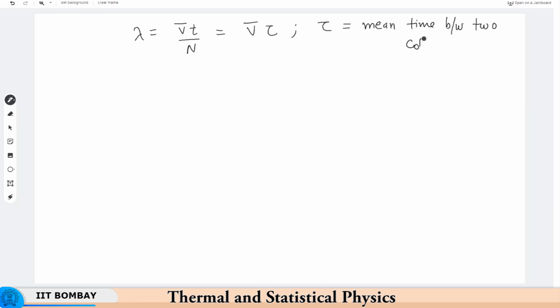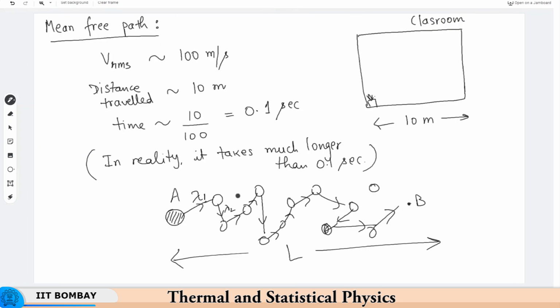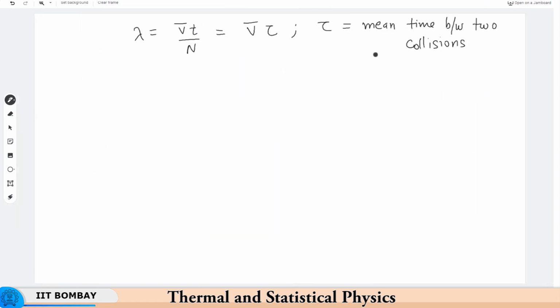Basically, it took time T to go from point A to point B, and there were N collisions that this gas molecule underwent. So, the mean time between two collisions is just T divided by N. That is just V times tau, which is what I have written.